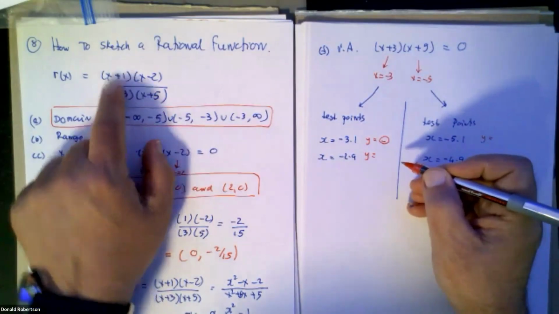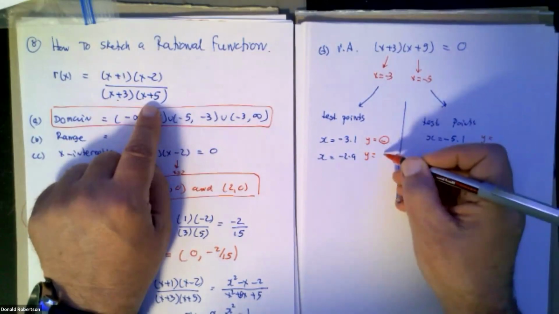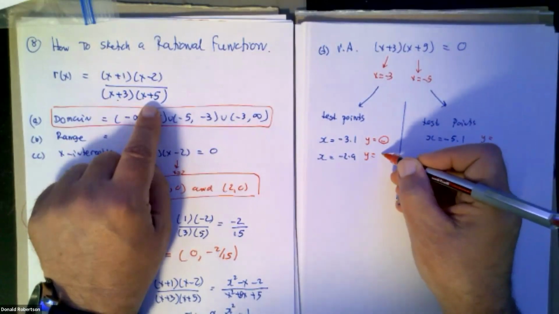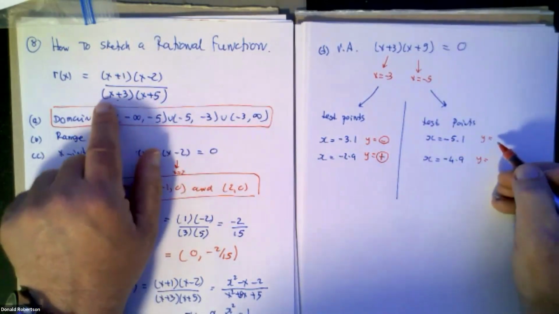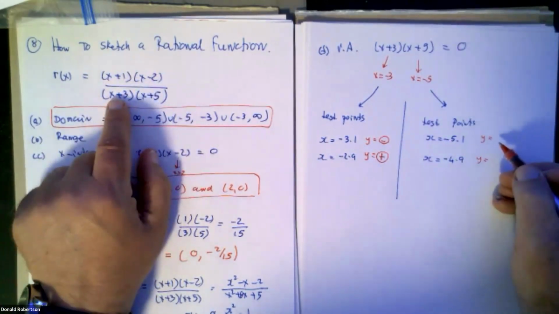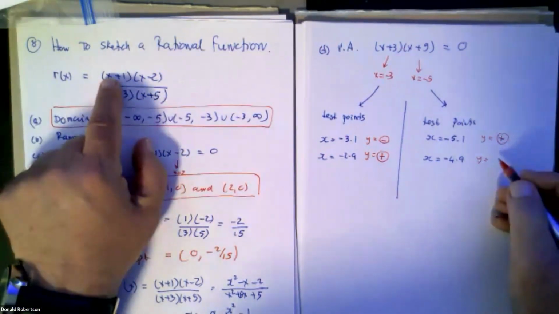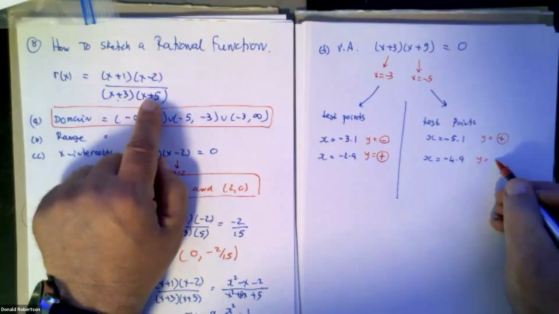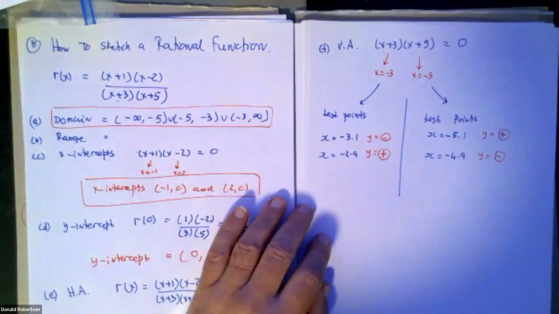And here, negative. Positive. Negative 5.1, negative. And 4.9, negative, positive. There you go. So that's what you would get.